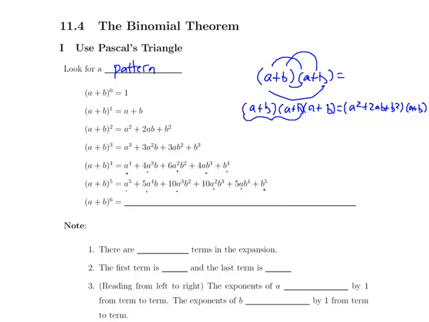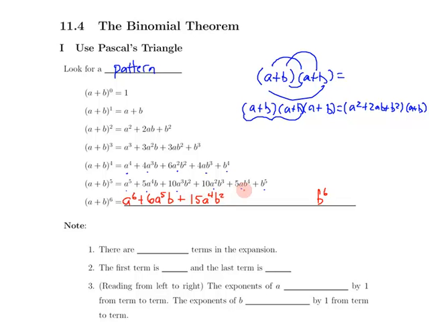Now, can you guess what the next expansion, a plus b to the sixth, would look like? In every case, look how the first term grows. It looks like a to whatever the power is, and the last term is also b to whatever that power is. The next one is 6 a to the fifth b, and the next one after that is 15 a to the fourth b squared.